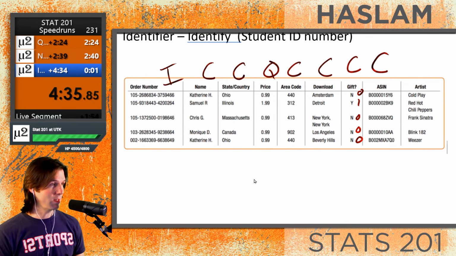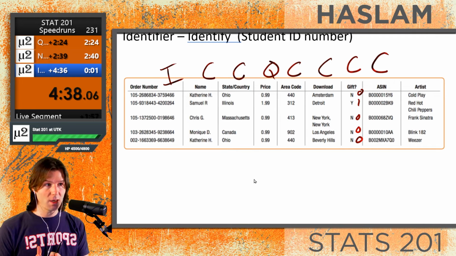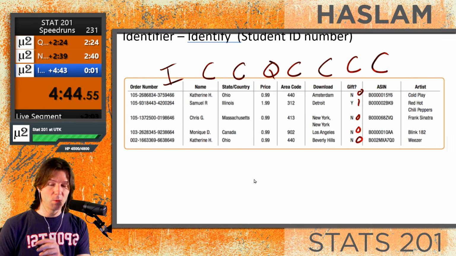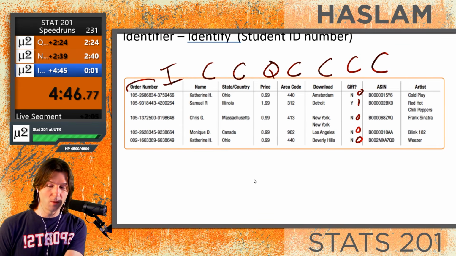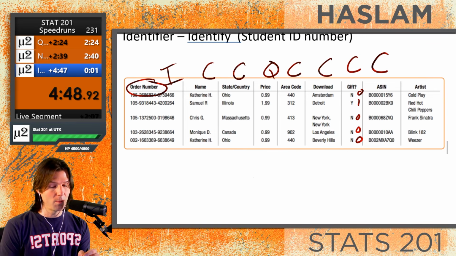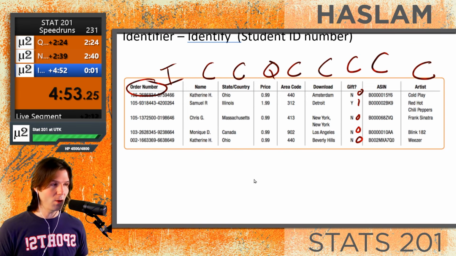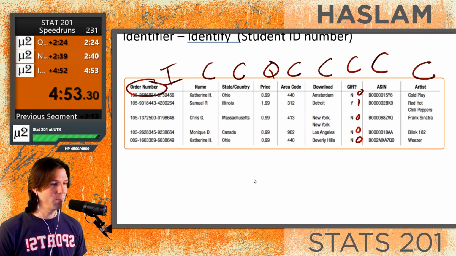And we'd usually put a key at the top explaining that this is for the product. And so this could repeat. It's based on the product. Even though it has identification number in there, it's for the product, and the real identifier in this data set is going to be the order number. Last but not least, going sub 5 minutes, is the artist, and this is also categorical. So we've identified all of these in the speedrun sub 5 minutes. If you have questions, feel free to ask. Good luck.